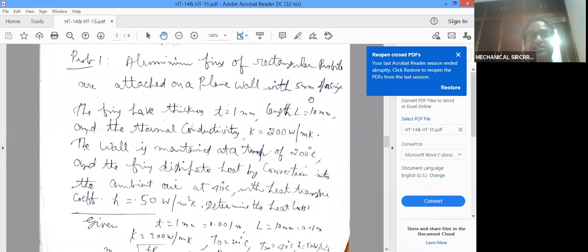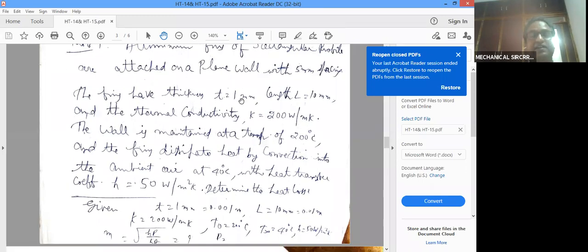So the spacing between two fins is 5 mm. That is not required for us, he has given this 5 mm spacing just for understanding. The fins have thickness 1 mm, length 10 mm, and thermal conductivity k is equal to 200 watts per meter Kelvin.